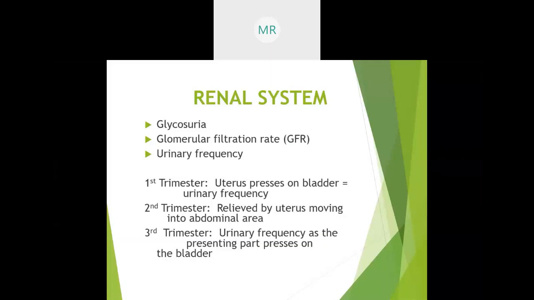Second trimester, as everything starts to move up, it's relieved by the uterus moving into the abdominal area. So, of course, mama doesn't have to be in the bathroom all of the time. By the third trimester, yes, this pregnant patient usually has to go use the restroom very frequently because the presenting part presses on the bladder.